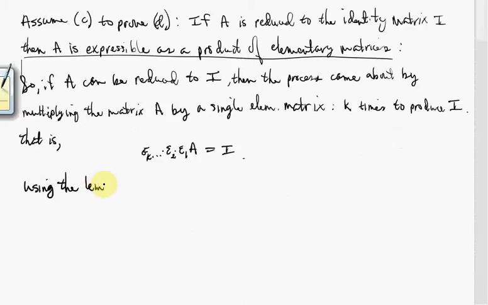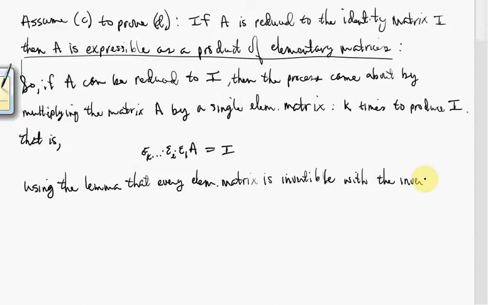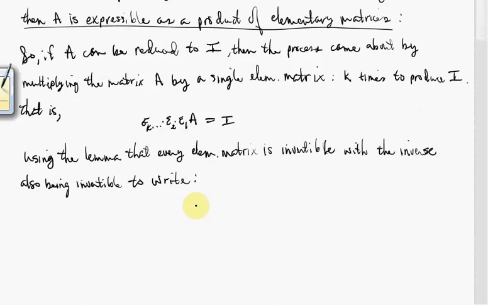So using the lemma that every elementary matrix is invertible, with the inverse also being invertible, the lemma says that this elementary matrix E sub k has an inverse, and its inverse is also an elementary matrix.